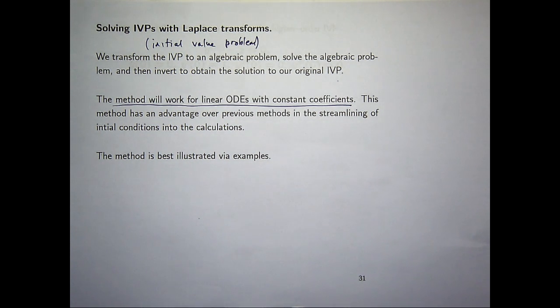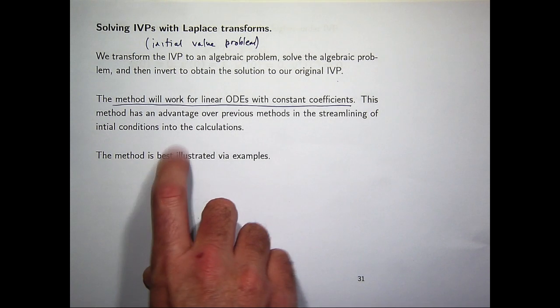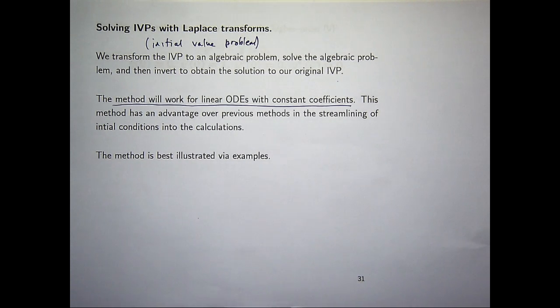Then you solve that problem in the algebraic setting, and then you transform everything back to get your original solution. So what a transform does, it transforms the problem to another state, if you like. You solve that, and then you untransform everything to get back to the original state. Now, that may sound a little bit weird, but the method is best explained via examples. So that's what we're going to concentrate on.